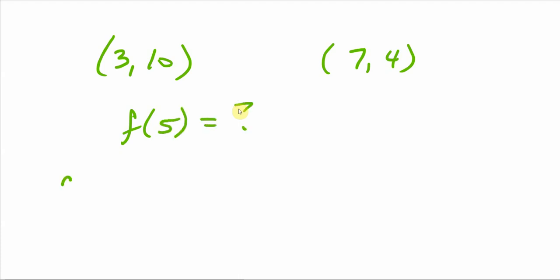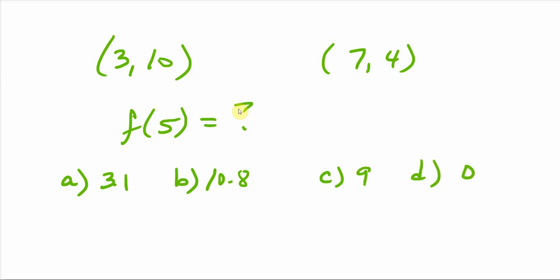Okay, f of 5 can be, I can say 3.1, I can say 10.8, I can say 9, I can say 0. Which one of these is the correct answer?